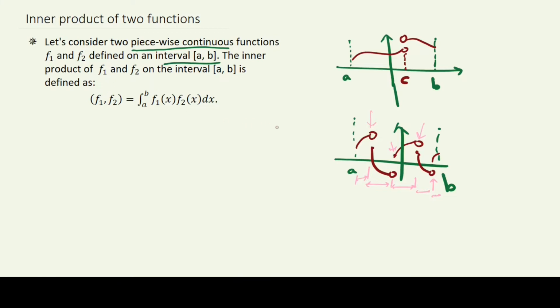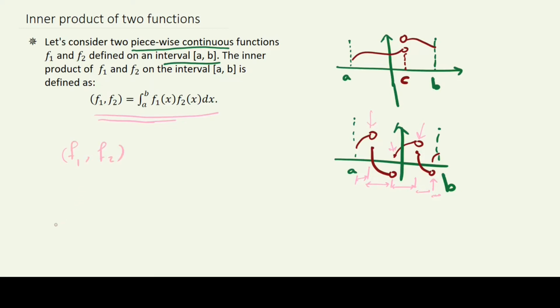So if we have two functions with this condition, then this expression shown here, this integral over the interval a to b, is going to be the inner product of two functions f1 and f2. By analogy with vectors, we show the inner product of these two functions in parentheses, f1 and f2.